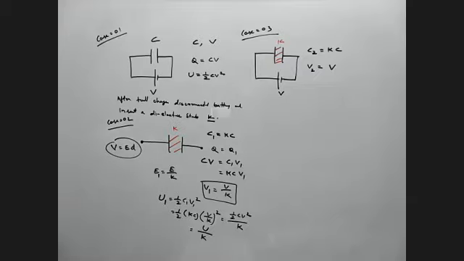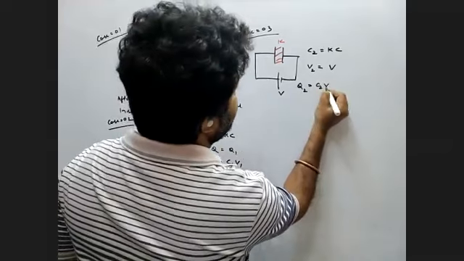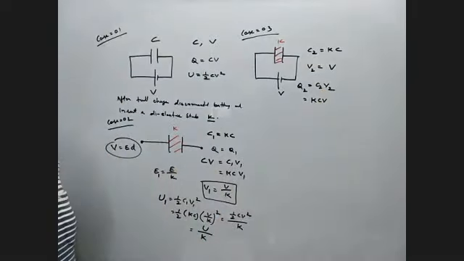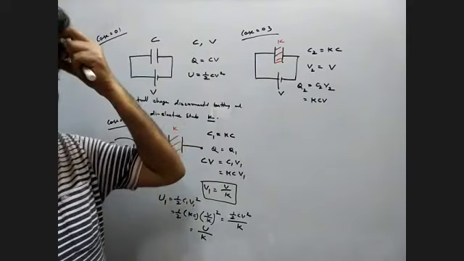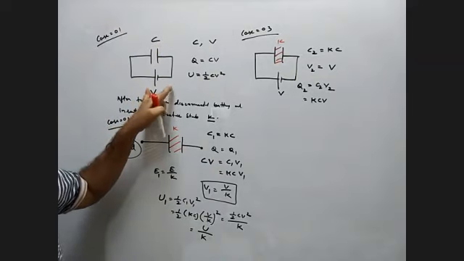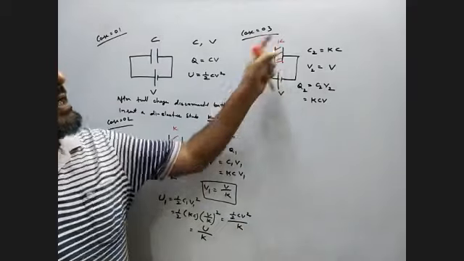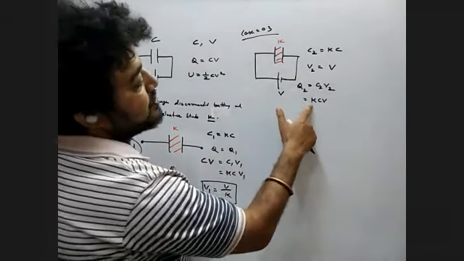Yes, sir. So my new charge stored is C2V2, so we can say KCV. This type of question is also asked: if initially a capacitor with capacitance C is charged with a battery of voltage V, after that you do not remove the battery but insert a dielectric slab, then your charge stored is KCV.